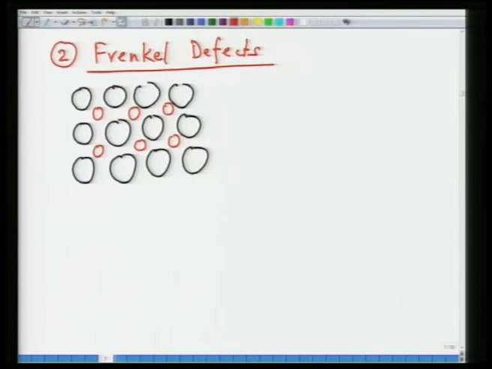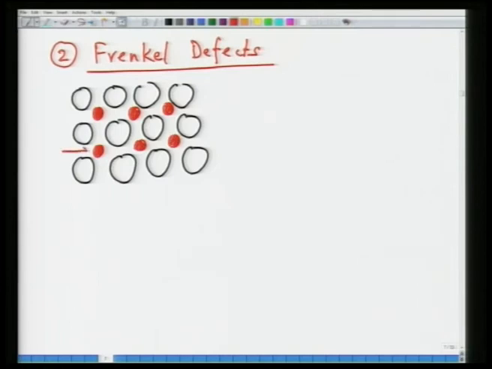So, for example, this particular ion which is missing from its position, let us say this is the regular metal site.